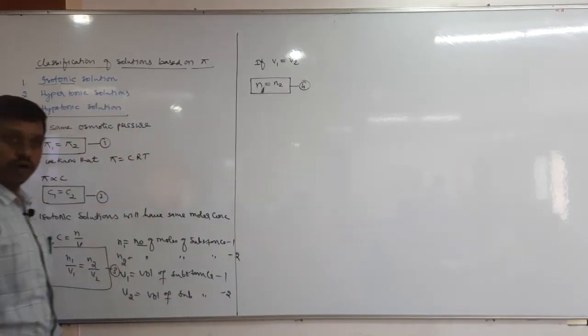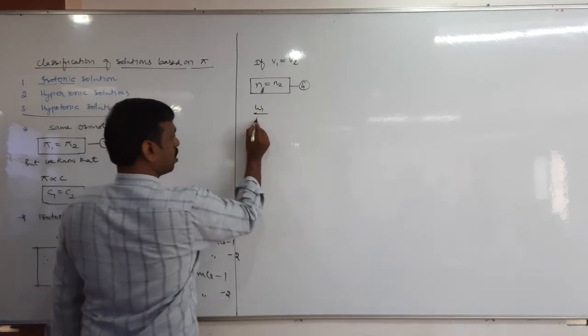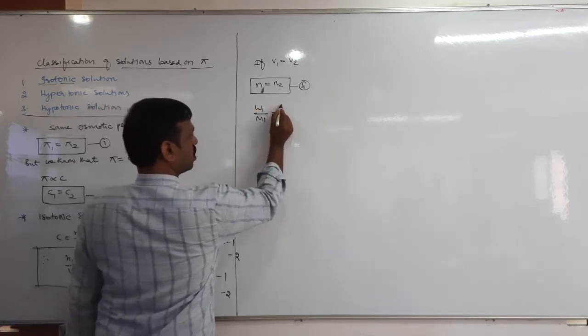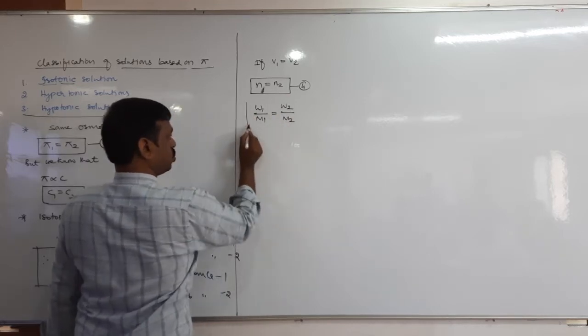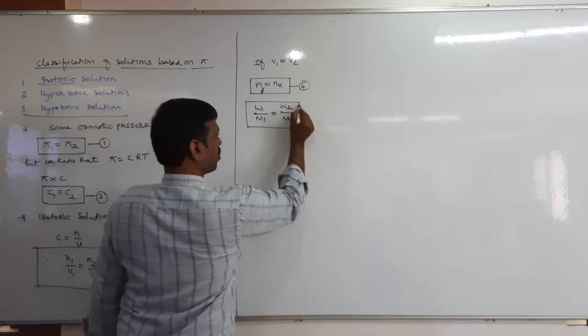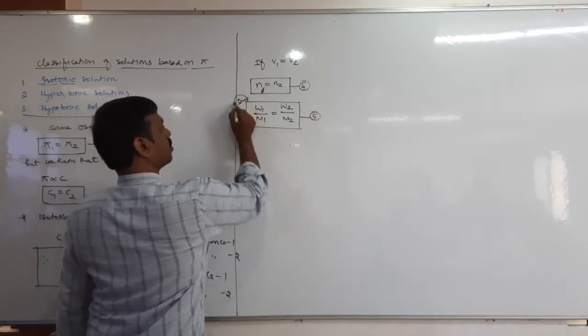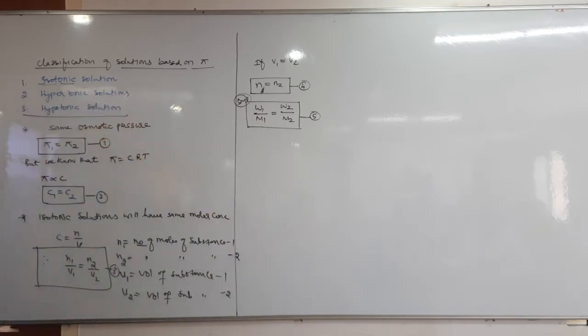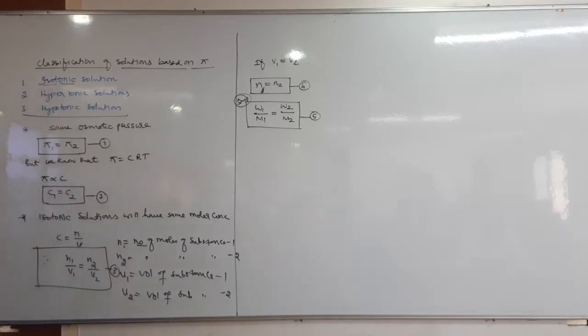We also know that n1 is weight of substance 1 by molecular weight of substance 1, equal to weight of substance 2 by molecular weight of substance 2. This is most important; the question previously appeared. So these are the different formulas related to isotonic solutions.